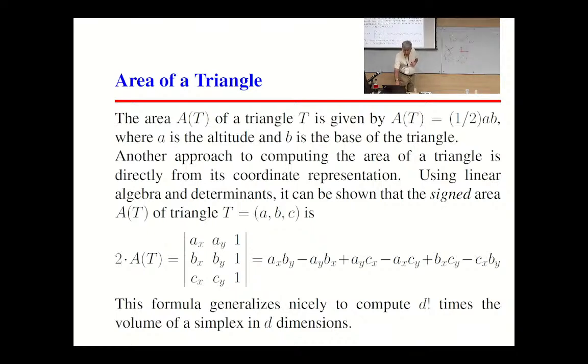If you multiply out the determinant, you get this expression. What's interesting about this thing? Well, the determinant is going to be twice the value of the area of this triangle. That's kind of interesting.